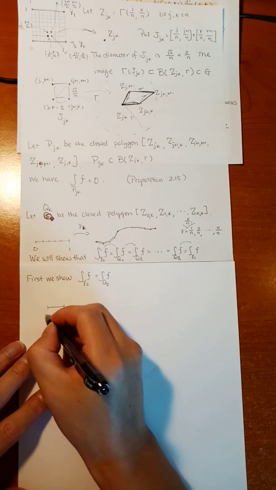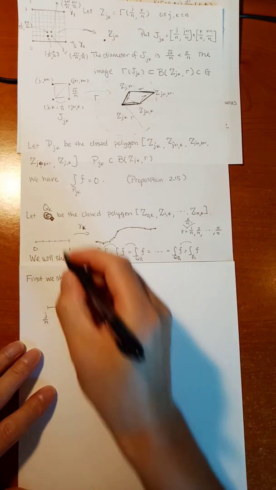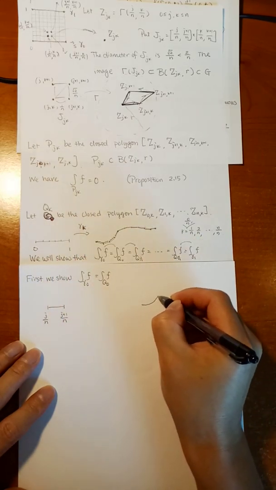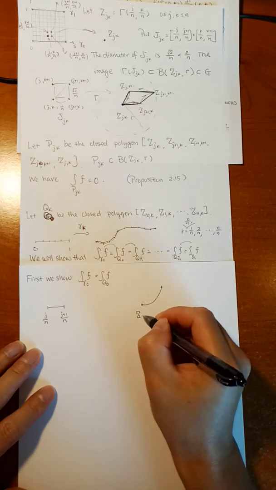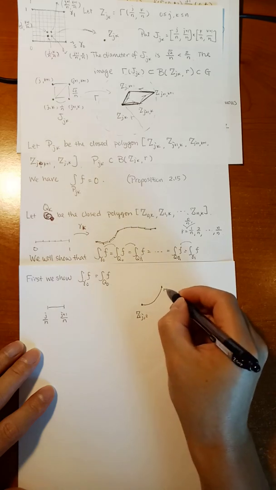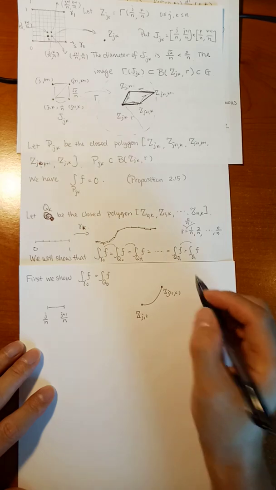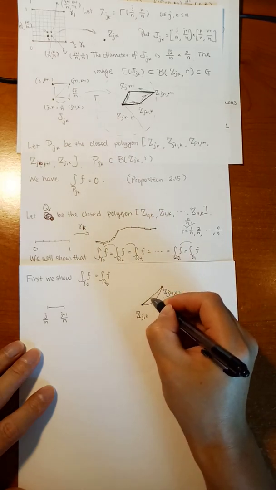This one is from j over n to j plus 1 over n, one of those segments. And the curve may be like this. This is z j0, z j plus 1 0. Okay, and the part of the polygon is like this.